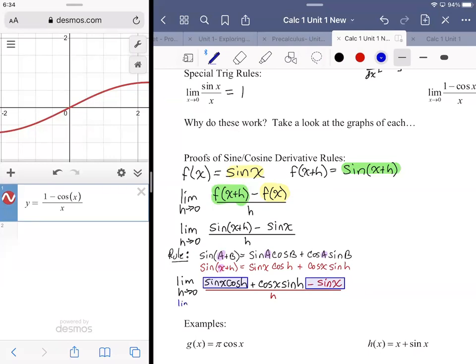So limit as h approaches 0 of sine x cosine h minus sine of x all over h. And then separately, I'm going to say cosine x cosine h over h. All right.